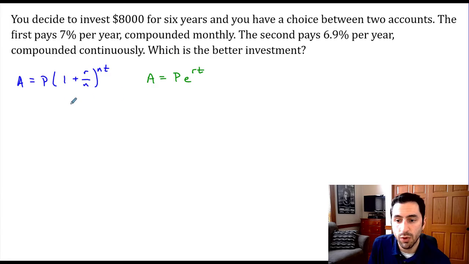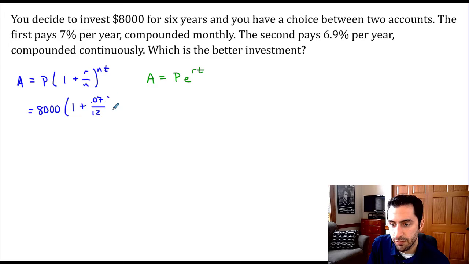So let's plug in what we know. Our principal is 8,000. For this first one, we have a rate of 7% per year, so that's 0.07. n is going to be 12 because we are compounding monthly. And then in the exponent, we're going to have n, which is 12, and our time is going to be 6 years.